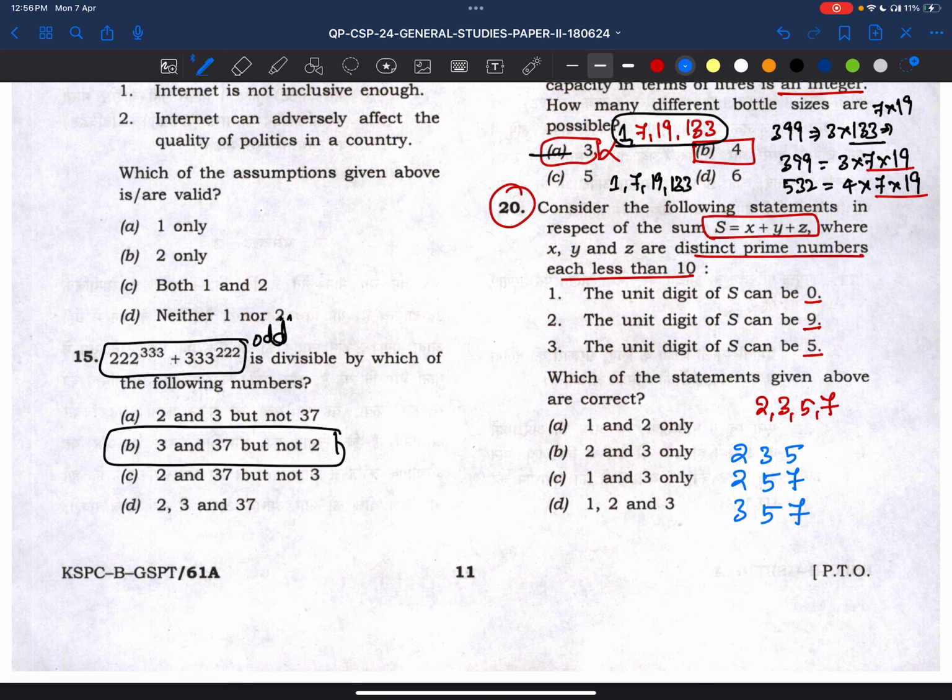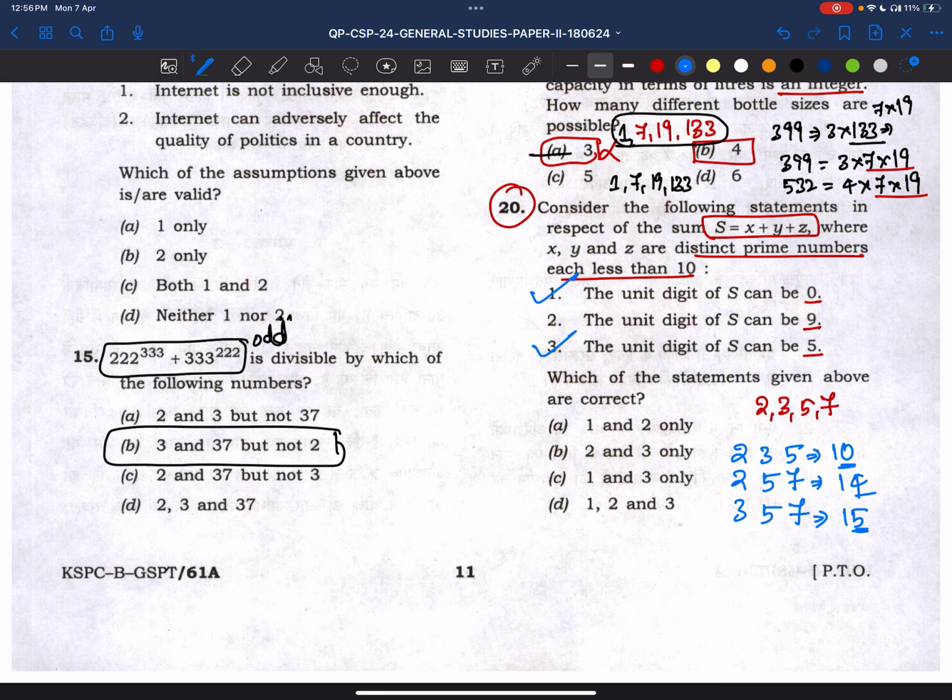So what is the sum? 2 plus 3 plus 5 is 10, so the units place can be 0. Here, 2 plus 5 is 7, 7 plus 7 is 14. See here, 3 plus 5 is 8, 8 plus 7 is 15. Yes, the unit place can be 5.